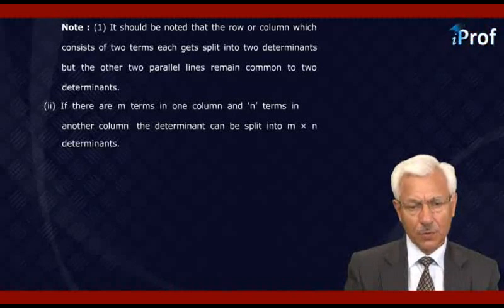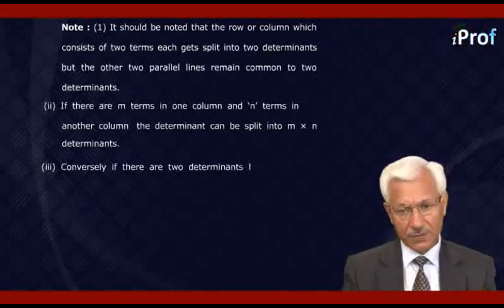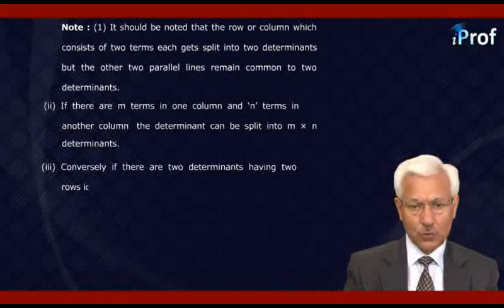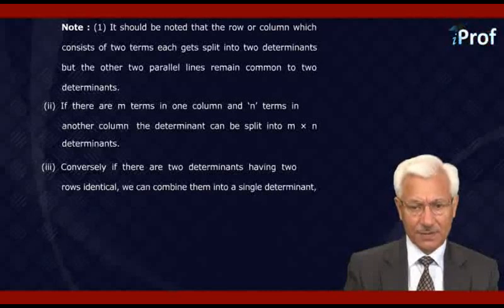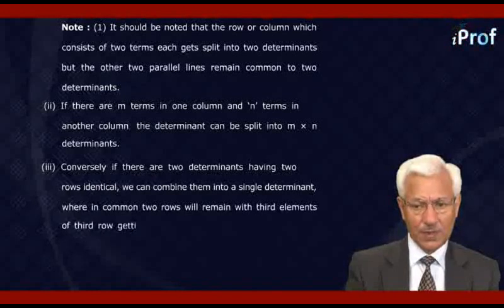Third and important observation is, conversely, if there are two determinants having two rows identical, we can combine them into a single determinant, wherein two rows will remain the same, while the elements of the third row get added.